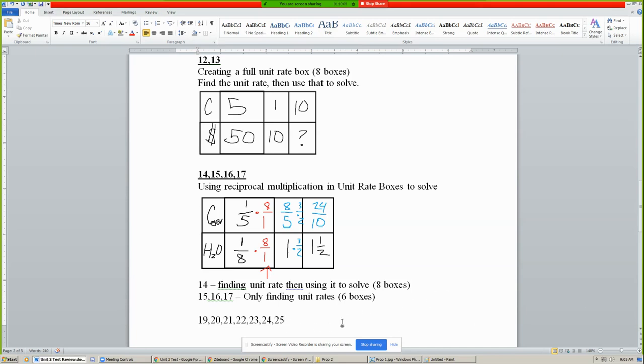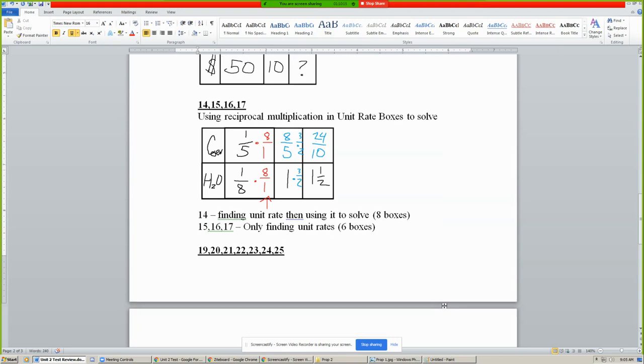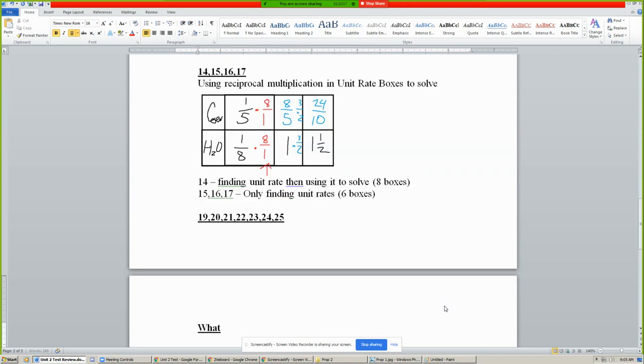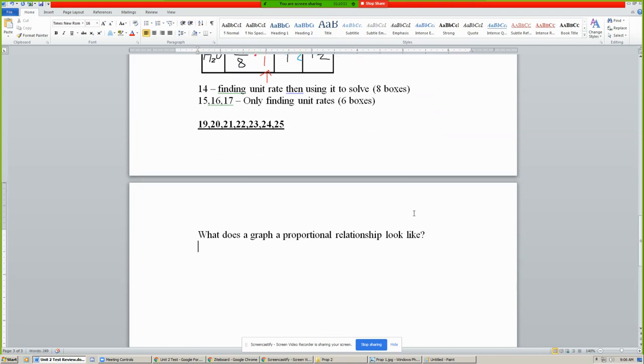Okay. So all these problems deal with graphing. 19 through 25 deal with what does a proportional relationship look like?